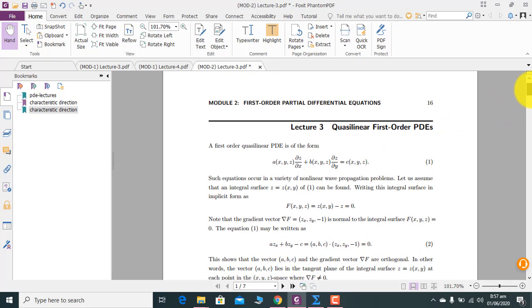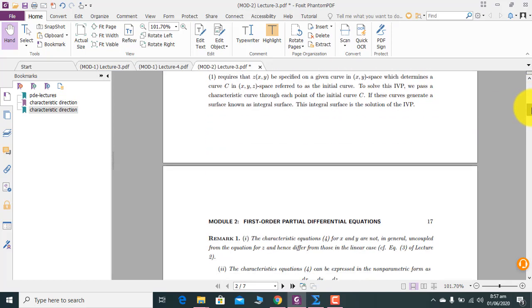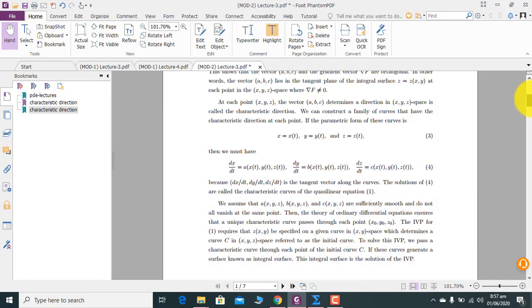Now just concentrate on one thing: equation 1 was a quasi-linear partial differential equation, and in order to solve it, eventually you understood that you have to solve system 4. Now system 4 is a system of 3 ordinary differential equations.